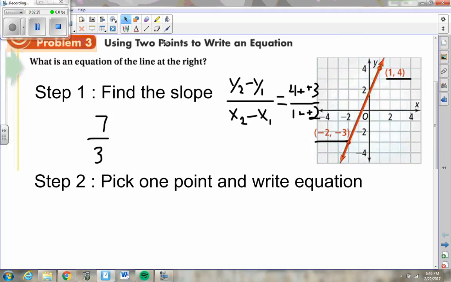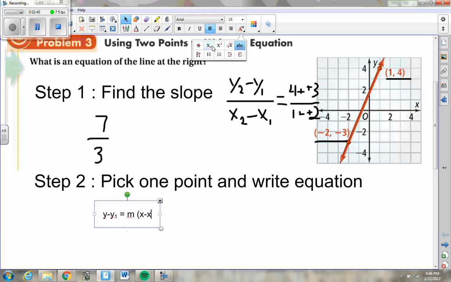Because now I know my slope. And remember that my point-slope form of a linear equation says y minus y1 equals m times, in parentheses, x minus x with a little 1 right there.